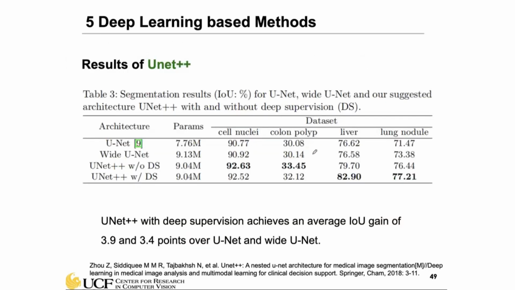And this is just some quantitative results indicating their results, like if they have deep supervision. So you have multiple scales, you can do the upsampling in the encoder side. They call this deep supervision. Not just at the end do you have the ground truth to supervise the prediction, but at multiple stages you can supervise the learning. They show this deep supervision is able to help the segmentation performance.